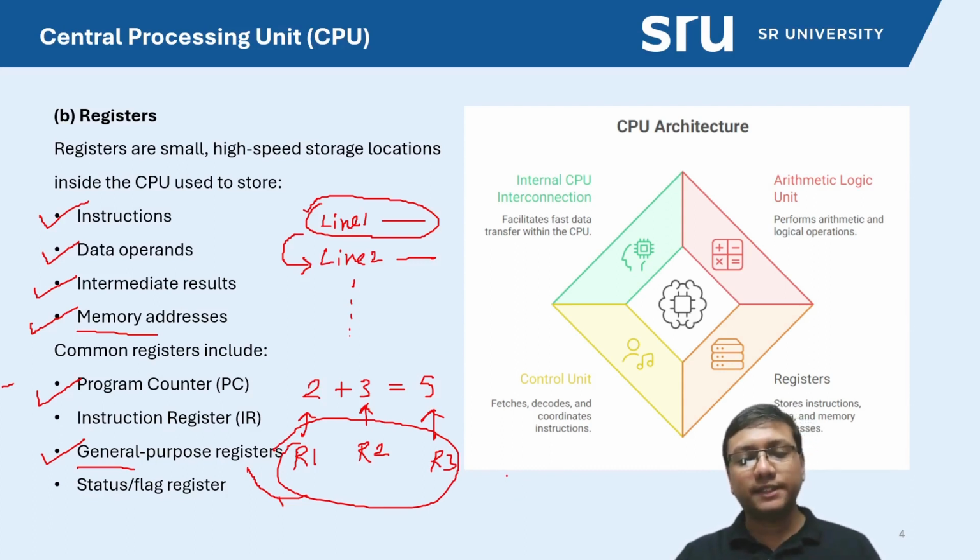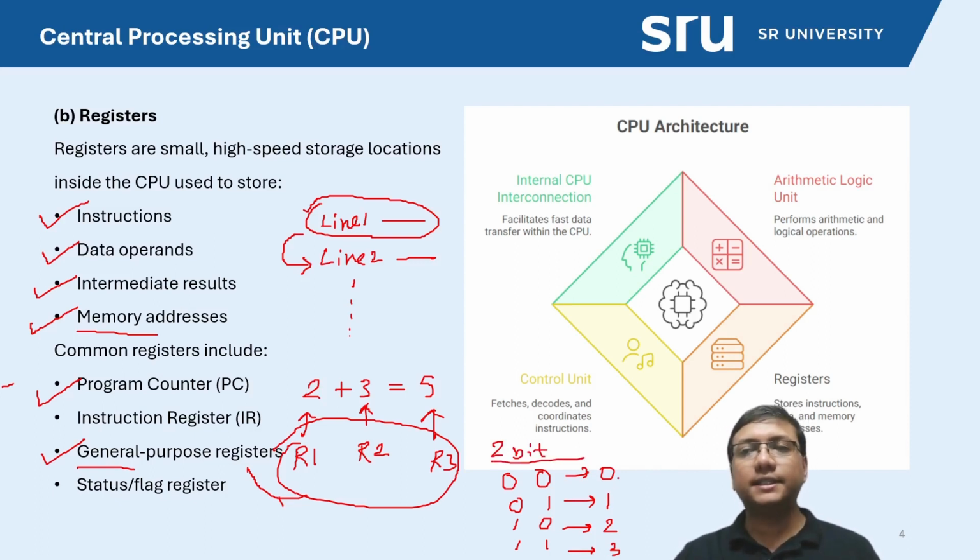Suppose for example my system is a 2-bit system. 00, 01, 10, 11: only these 4 results can be obtained by my system. 00 means 0, 01 means 1, 10 means 2, and 11 means 3, as you all know. So in a 2-bit system, I can store only these 4 values: the result will be 0, 1, 2, or 3 after any arithmetic and logical operation.